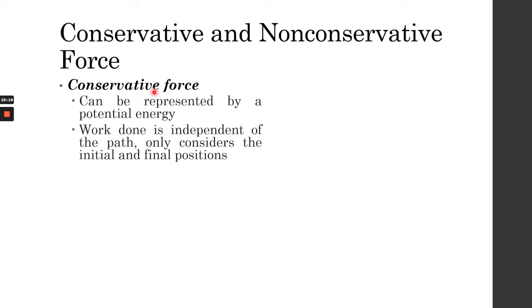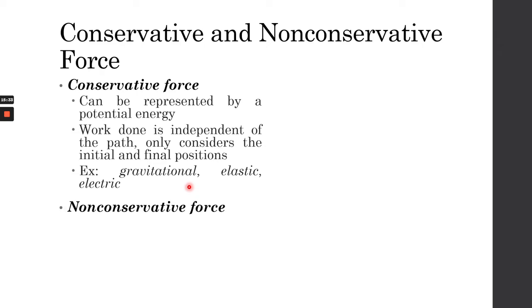So again, remember for conservative force, we do not care how we arrive. We do not care about the path. What we only care about is the initial position and the final position. Examples of this are gravitational, elastic, and electric forces. As opposed to non-conservative forces, we cannot represent them by potential energy.